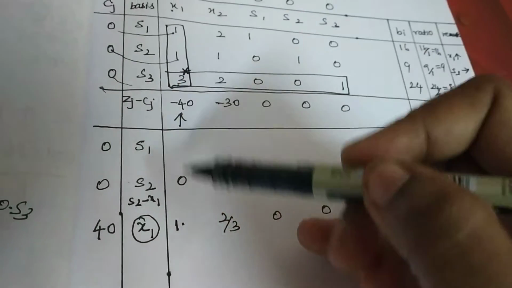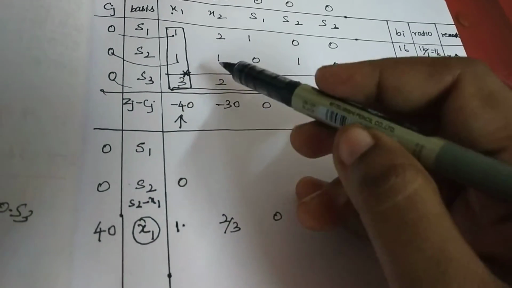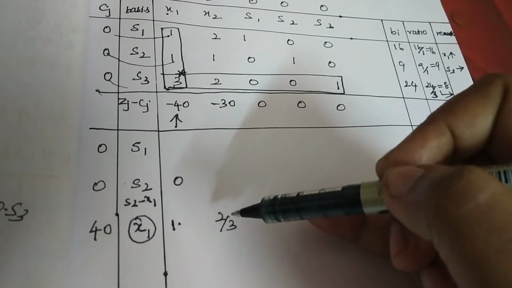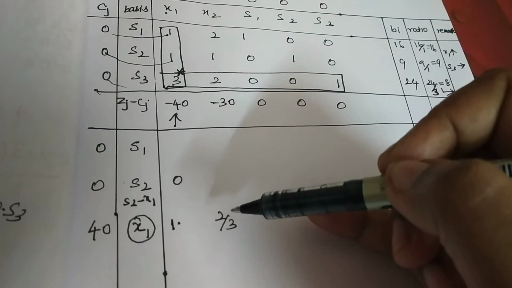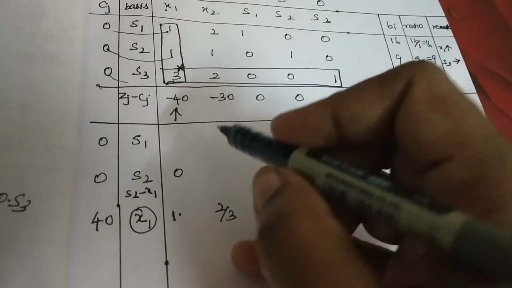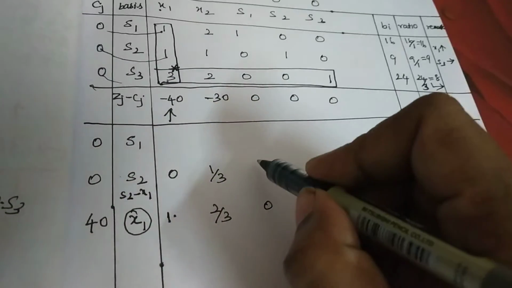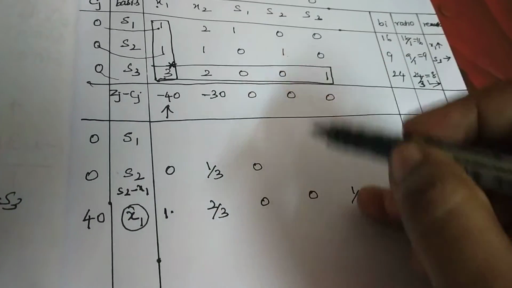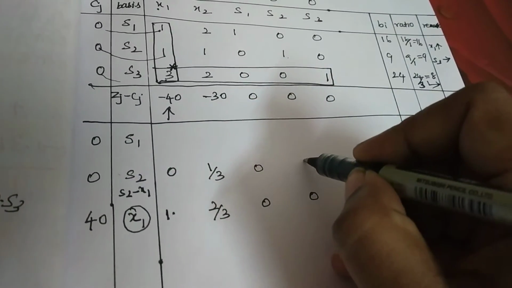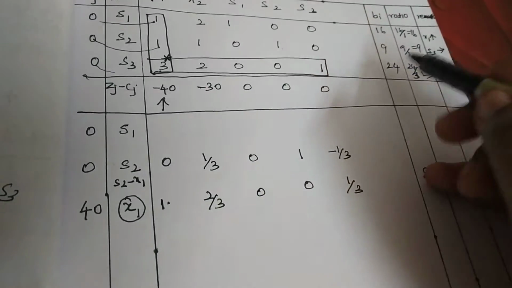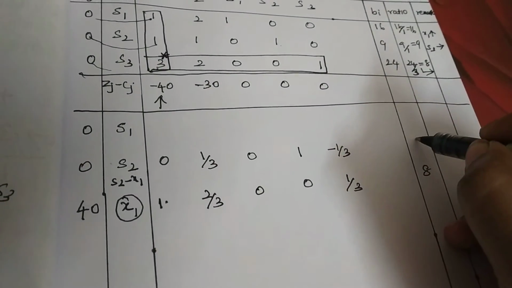So 1 minus 1 is equal to 0, and then 1 minus 2 by 3 is equal to 3 minus 2, which is 1 by 3. Then 0 minus 0 is equal to 0, 1 minus 0 is equal to 1, 0 minus 1 by 3 is minus 1 by 3, and 9 minus 8 is equal to 1.